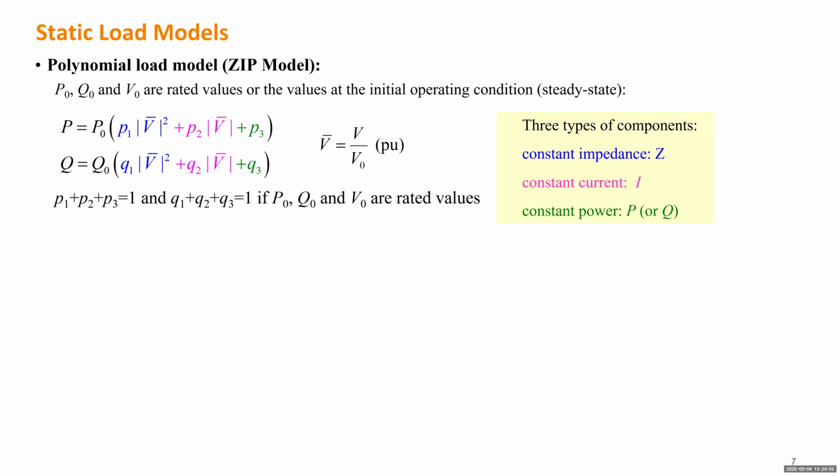Because we let P0 and Q0 be the rated values of P and Q, P1 plus P2 plus P3 has to be 1. They together take 100%. Similarly, Q1, Q2, Q3 together take 100%.